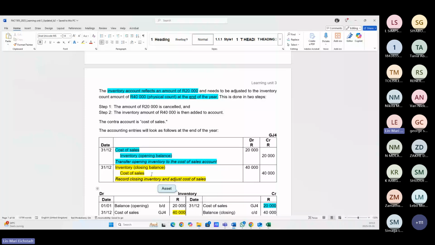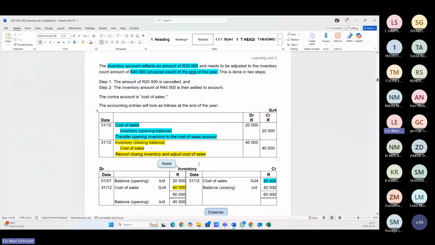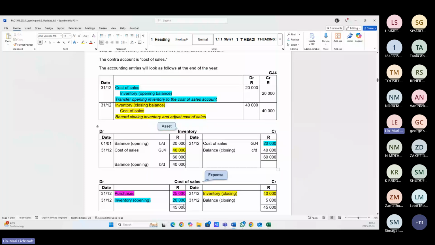Then at year end, we do a stock take, and we have to then adjust this account to reflect the correct closing balance at year end. So at year end, only after our stock take, or if you do stock takes at different frequencies, but I do think mostly in your modules, the stock take will be done at year end. So you've got your opening inventory and you take that out to cost of sales, but then you bring in your closing inventory count into inventory, and the reciprocal entry is cost of sales.